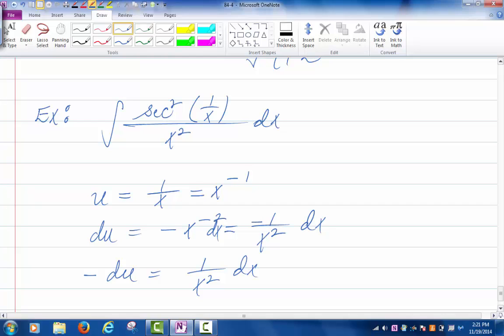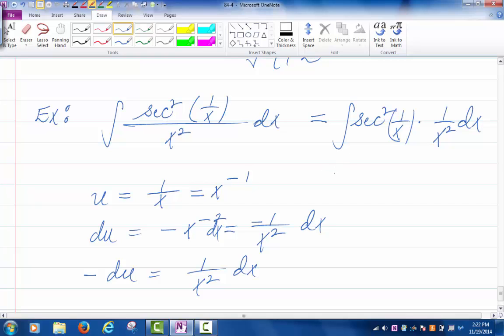And now we can make the substitution here. This would be equal to what then? First of all, let me rewrite the integrand as secant squared of 1 over x, and then let me write 1 over x squared dx together. Is that okay? I have an x squared in the denominator, so that's 1 over x squared.